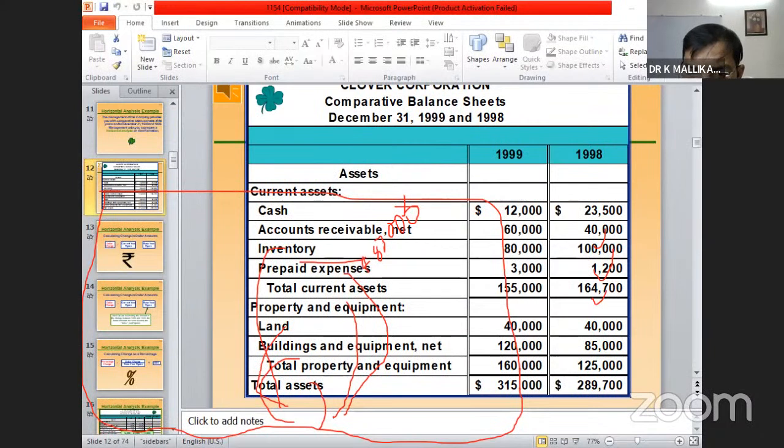Similarly, here also 30,000 divided by 3,87,000 into 100. Next, 1 lakh divided by 3,87,000 into 100. 82,000 divided by 3,87,000. 90,000 divided by 3,87,000. 1 lakh divided by 3,87,000, 15,000, like this.